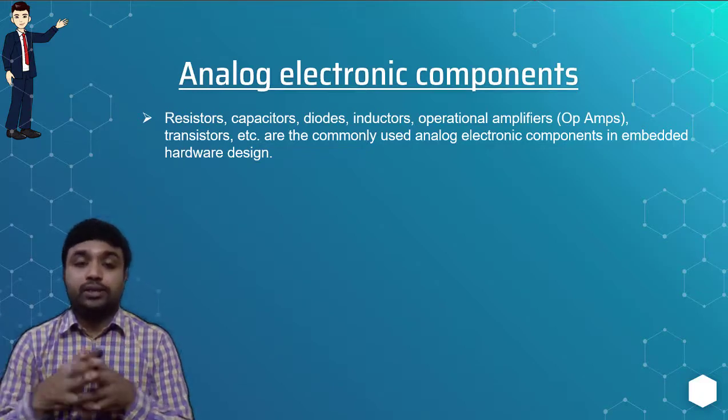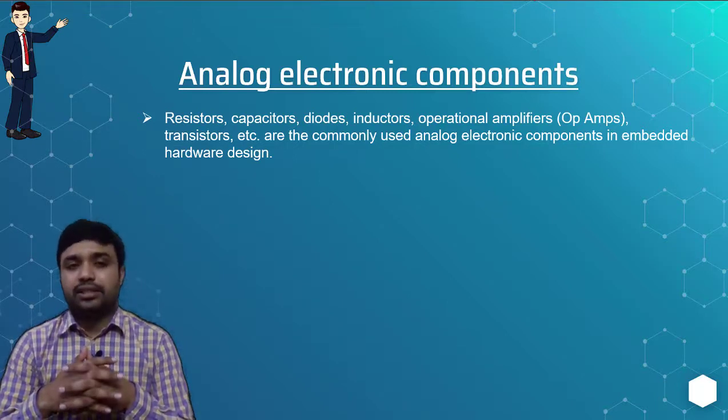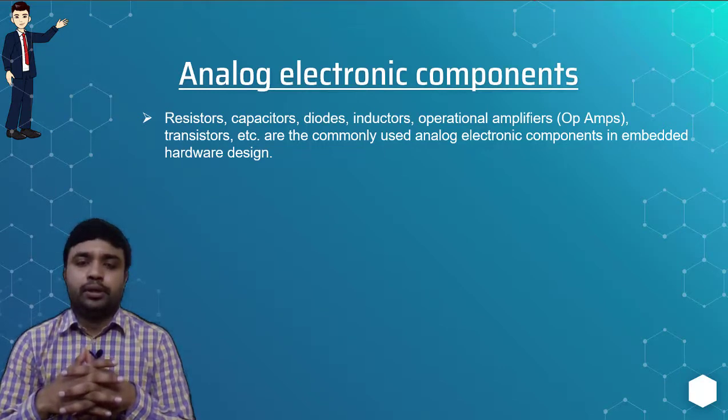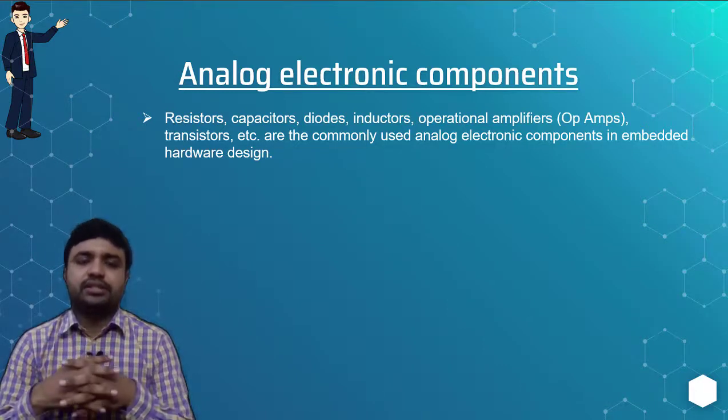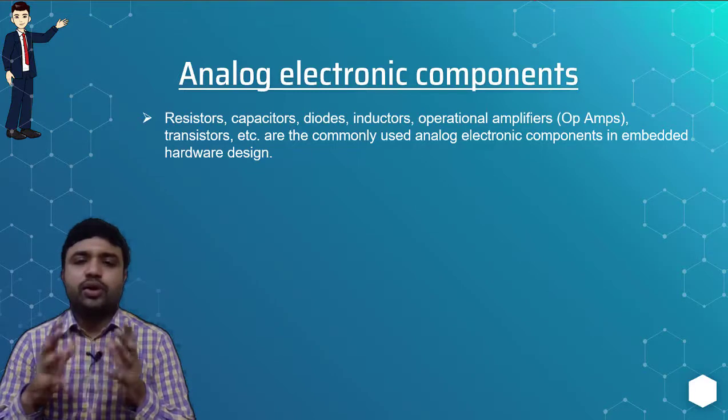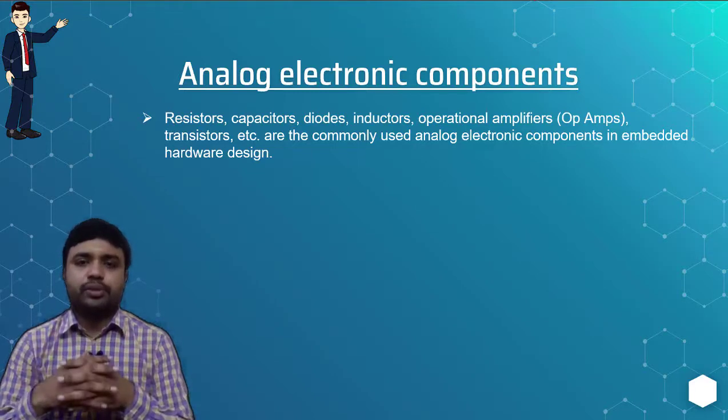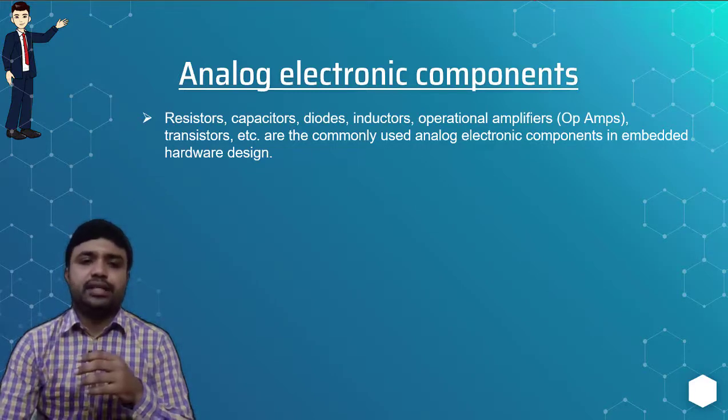Likewise, the devices that handle analog activity are considered analog electronic components: resistors, capacitors, diodes, inductors, operational amplifiers, transistors, etc. So these are the commonly used analog electronic components in embedded hardware design.